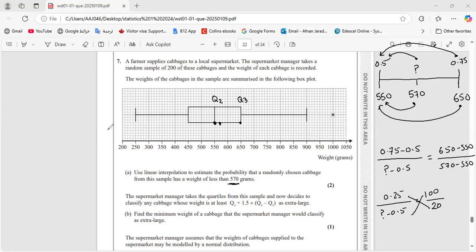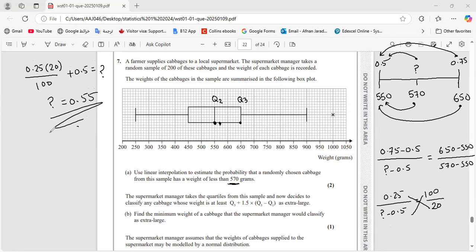Cross product: 0.25 multiplied by 20 divided by 100, plus half, equals question mark. So the question mark here equals 0.55.